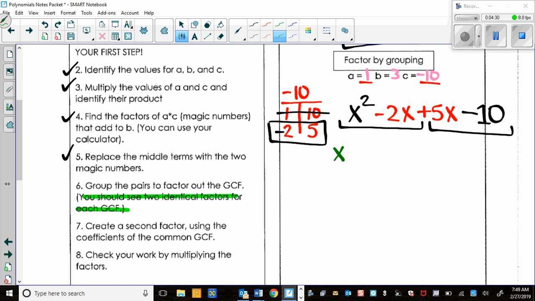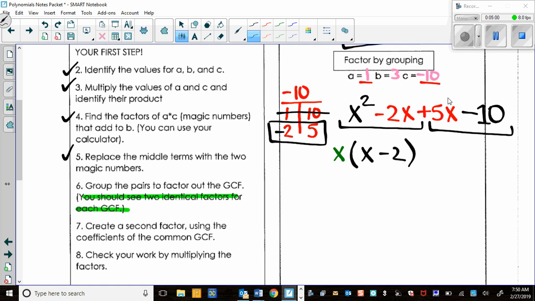I took out the x, and if I were to rewrite this problem, simplified version, so if I put an x in here, that's what's left over. And if I put -2, that is what's left over if I just take one x from this guy and an x from this one. So if I were to multiply them, you see that you would end up getting x squared times -2x.